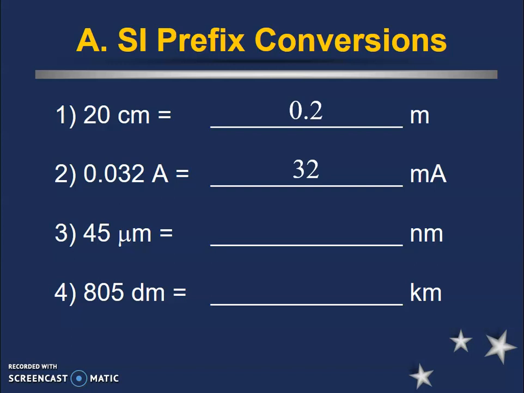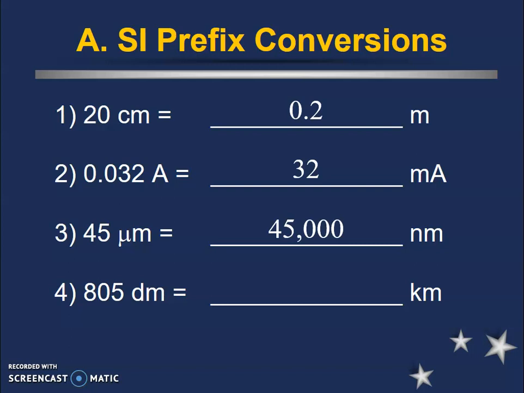And then decide how many times you need to move it. Okay, in this one we needed to go to the right and we needed to move it 3 times, because that prefix went from a -6 to a -9. So that's 3 spaces.